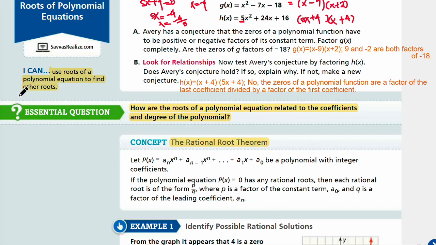I'm just going to state the theorem first and then explain. Let P of x equal a sub n times x to the nth power plus a sub n minus 1 times x to the n minus 1 power plus, and so on with the same pattern, until a sub 1 times x plus a sub 0, to be a polynomial with integer coefficients.